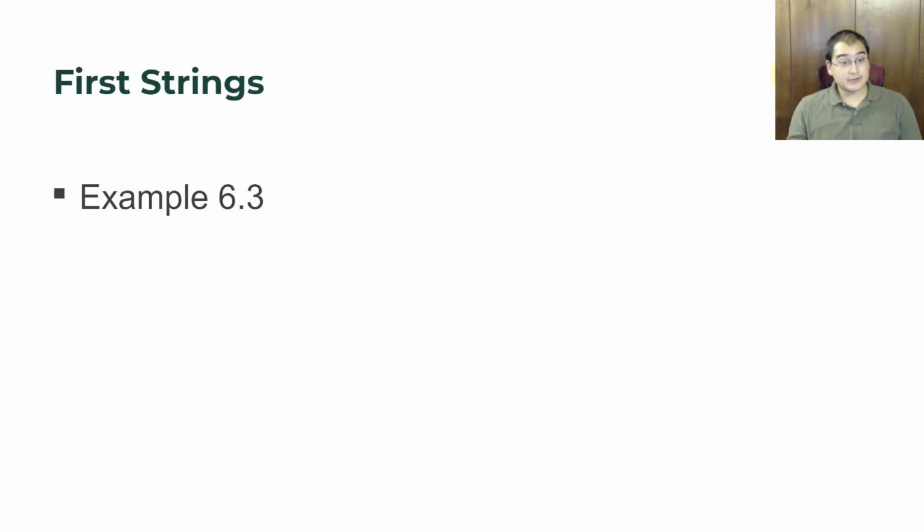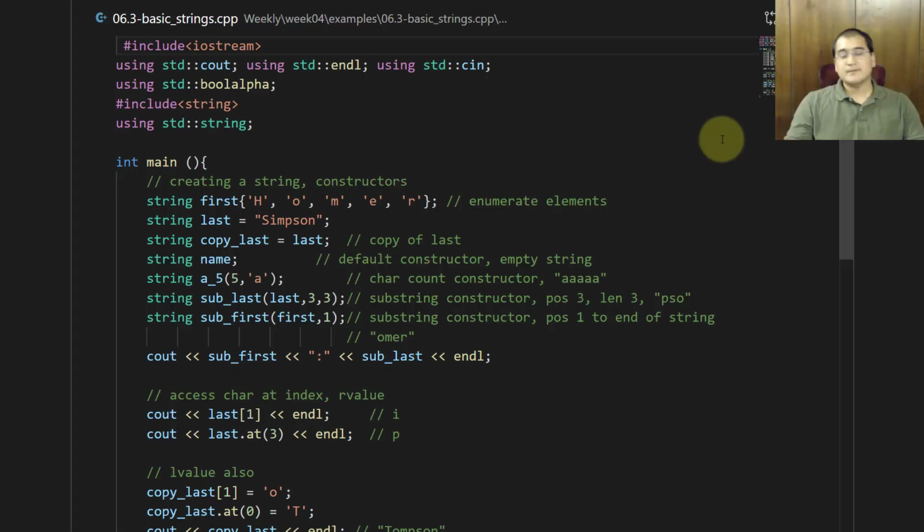So in this first code example, we're going to show you a little bit about how to construct and use strings. Okay, so once again, in order to use the string, you have to say include string, and you need to prefix string with std::, just like you would for using cout or endl or cin.